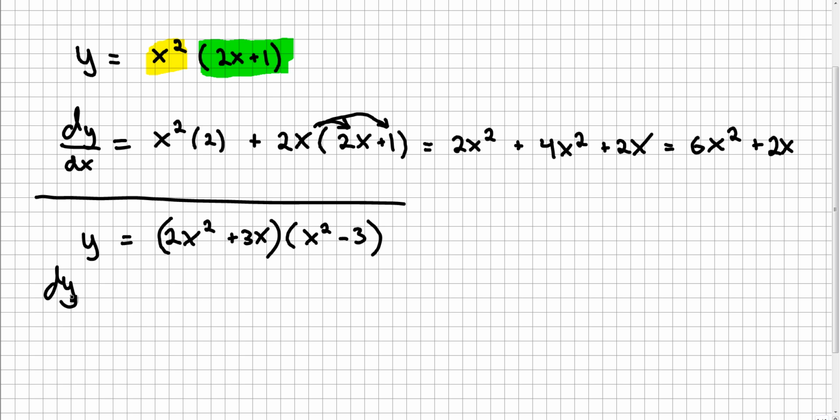Then the derivative of the function y with respect to x would be, this is the first function, the yellow function, and the second part is this one in green.